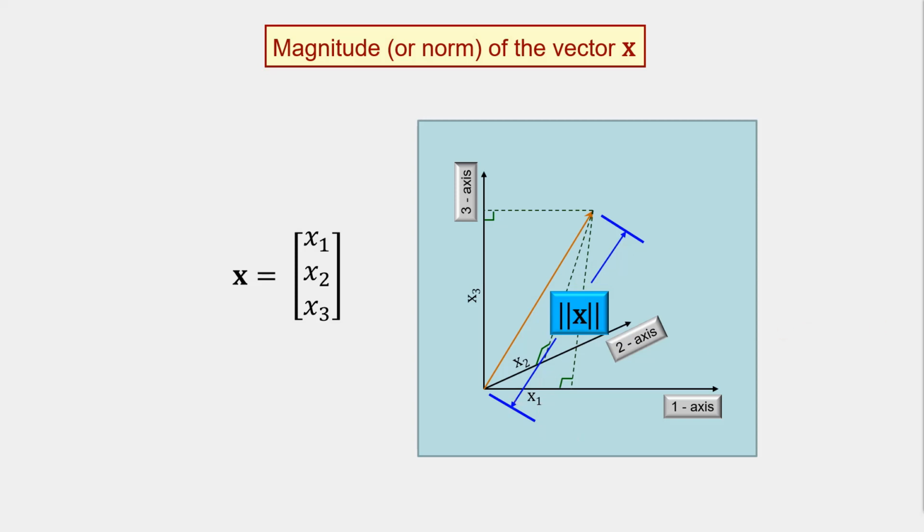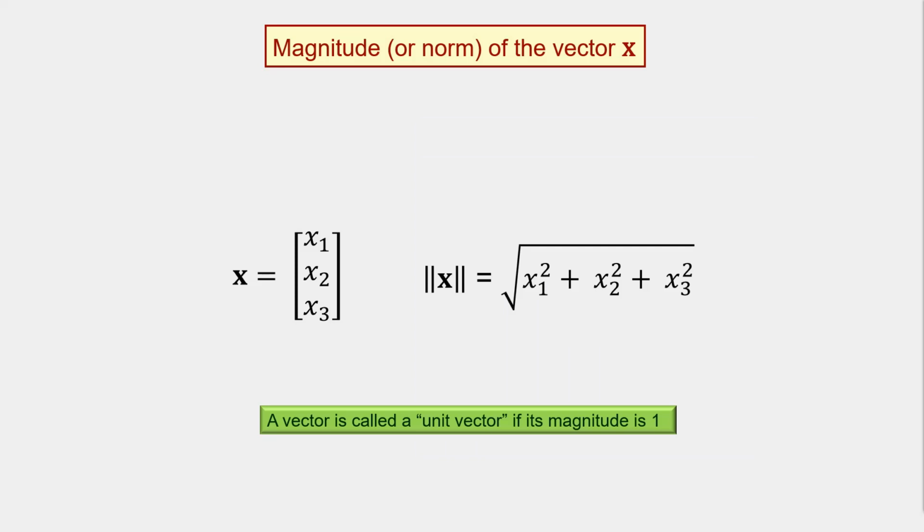The same applies in n dimensions as applies in 3 dimensions, but it's easier to picture these things in 2 and 3 dimensions than in n dimensions. If a vector has a magnitude or a length of 1, it is called a unit vector.